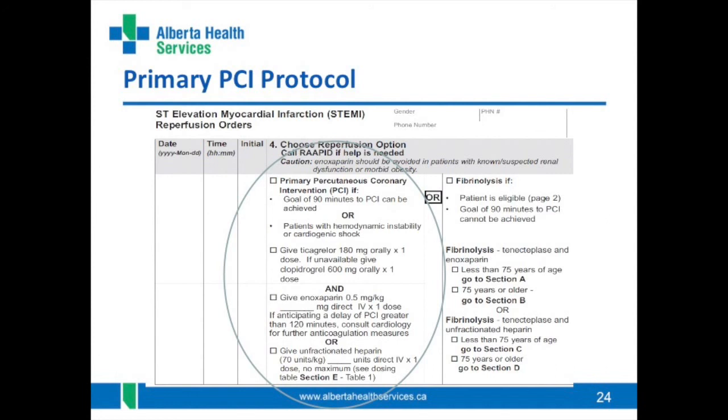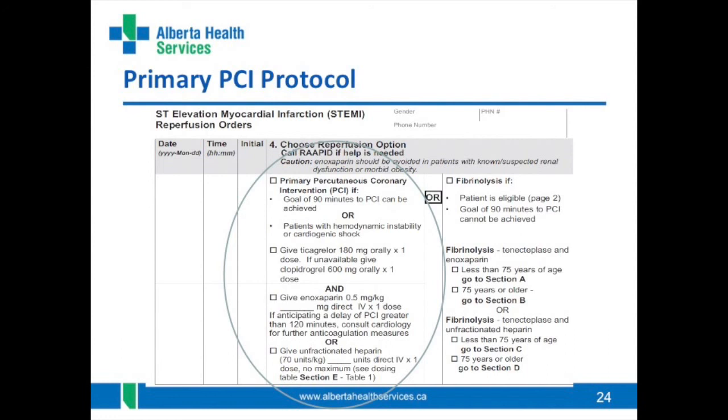Of course, at this point in time, it's important that you've called through RAPID and have gotten into contact with either the cardiologist on call or the interventional cardiologist on call. And now you've decided in conjunction with the cardiologist on call that you're going to undergo a primary PCI strategy. The goal again is to get your patient there as quickly as possible.